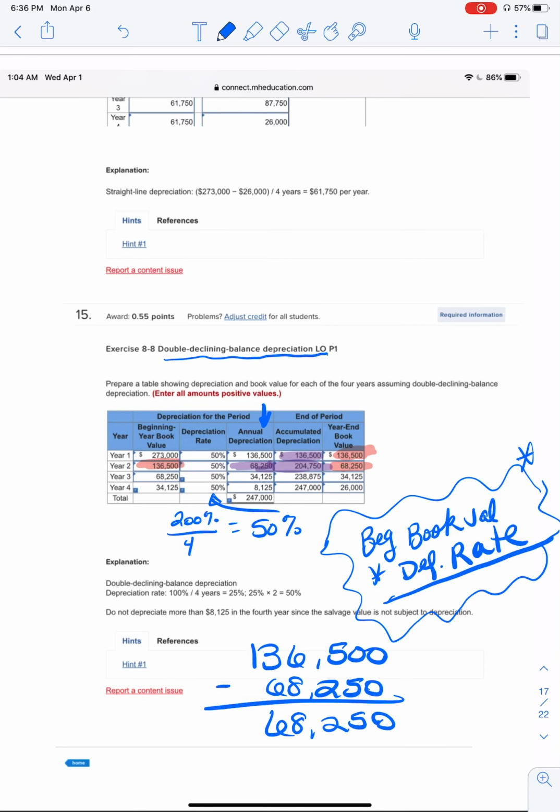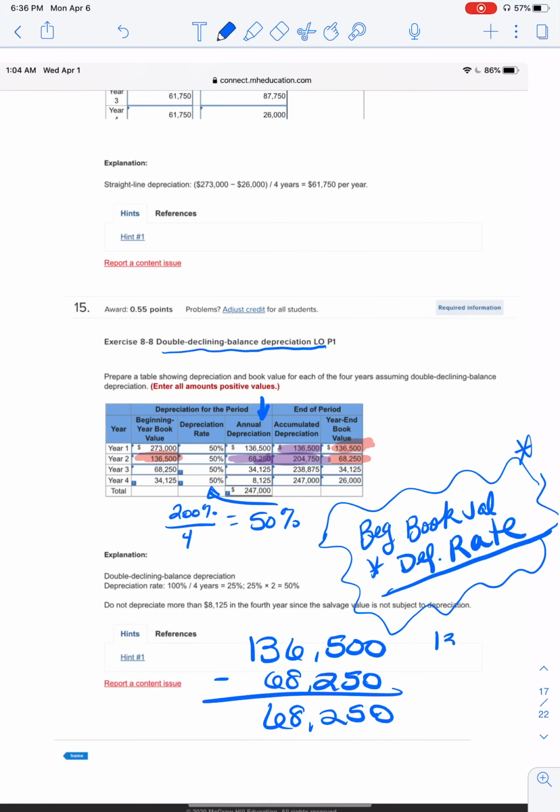So I'll just show you that real quick. 136,500 plus my 68,250 will give me 204,750 in accumulated depreciation. Now you'll follow the same pattern all the way down through the rest of this table, and that'll bring you to that last row.